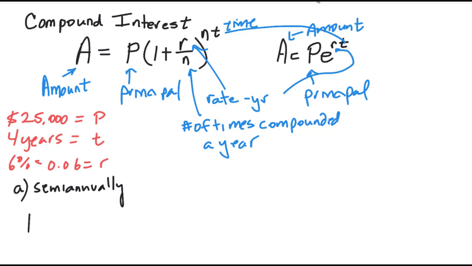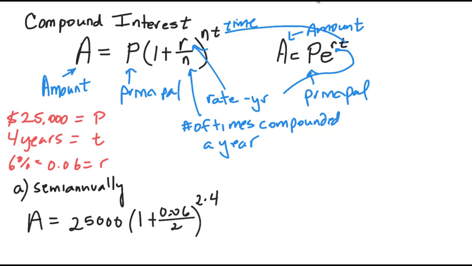So to find the amount for semi-annually, I invested $25,000. Looking at the formula up there, 1 plus my interest rate, 0.06, and the number of times compounded a year. Well, semi-annually would be twice a year, and then twice a year times the number of years, which would be 4. Be very, very careful that you do the inside first, okay, when you work this out.